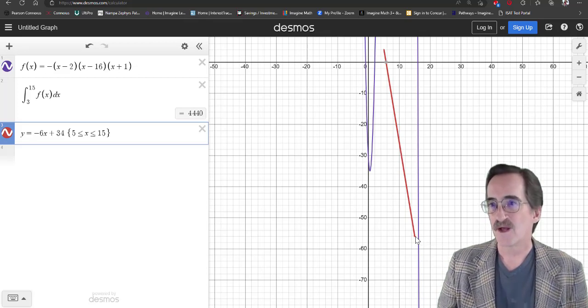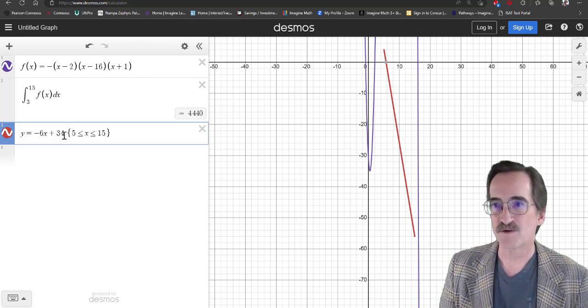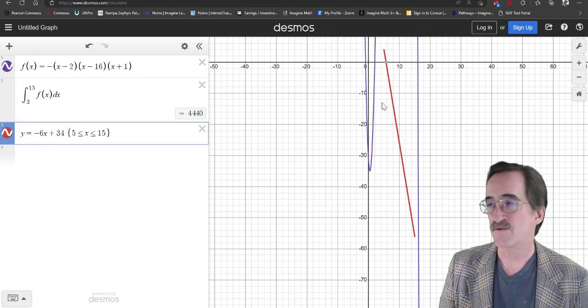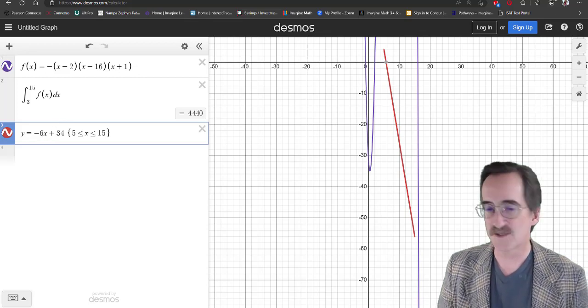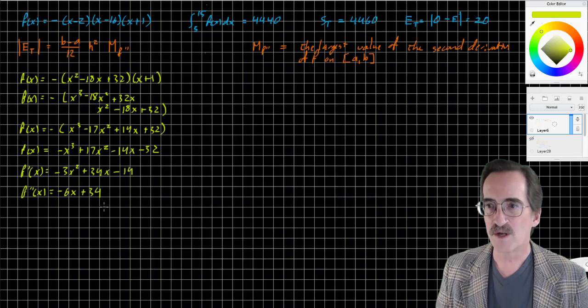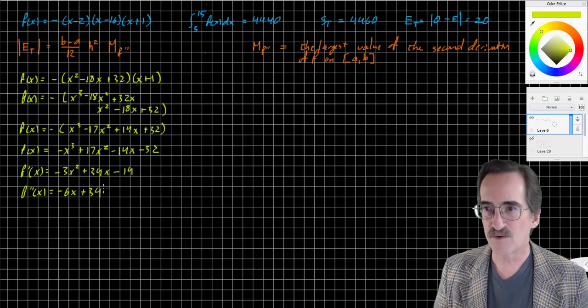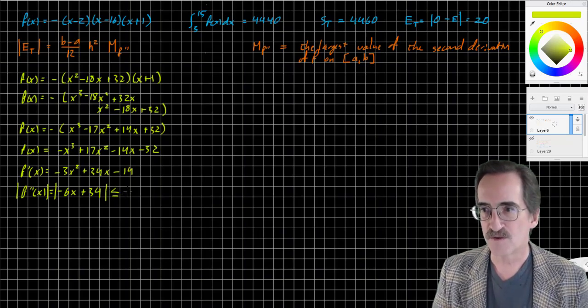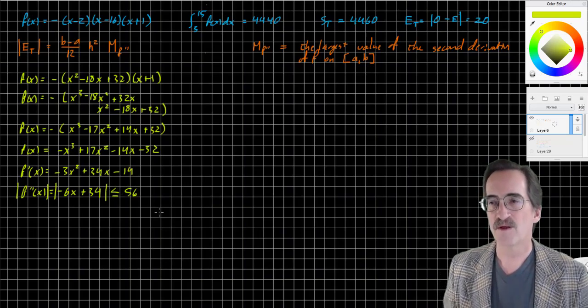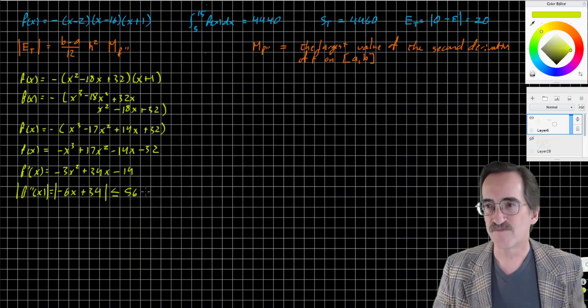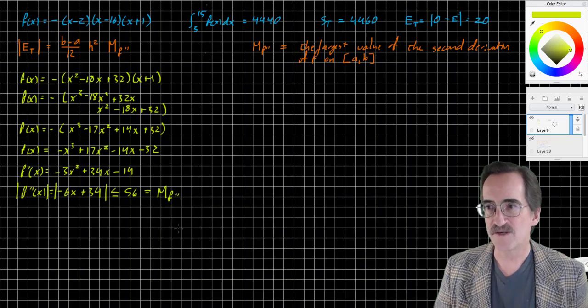And I could have gotten that just by substituting the upper bound 15 in for x. But negative 56. So we know the absolute value of this is less than or equal to 56. And so that's my bounding factor for f double prime.